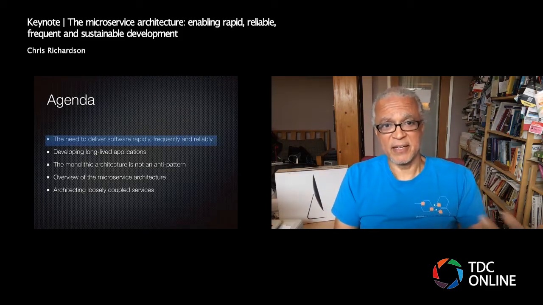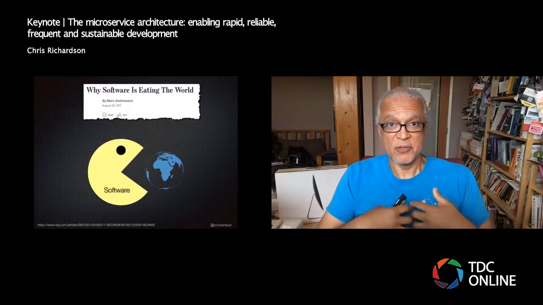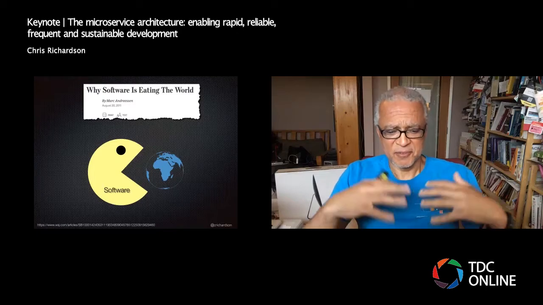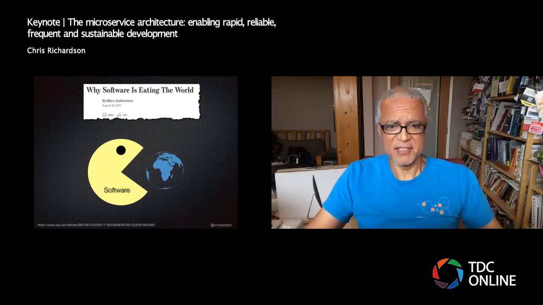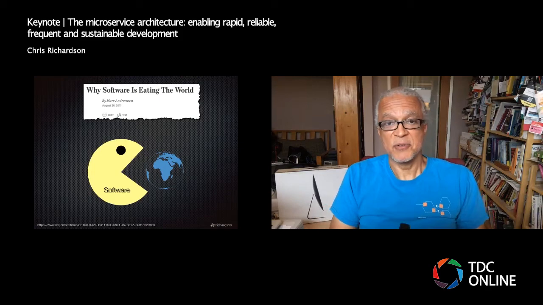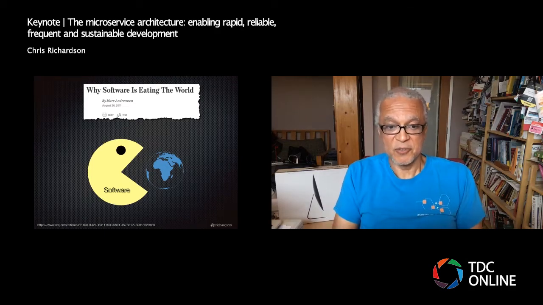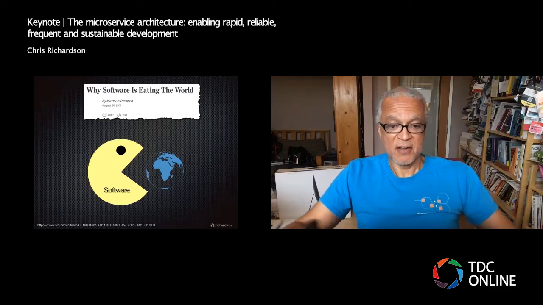So let's get going. Let's talk about why microservices, why now? And it all does go back to this whole digital transformation that's causing a big change in IT. So back in 2011, Marc Andreessen said that software is eating the world. What that really means is it doesn't matter what industry or business you're in, underlying the products and services that you offer is software.